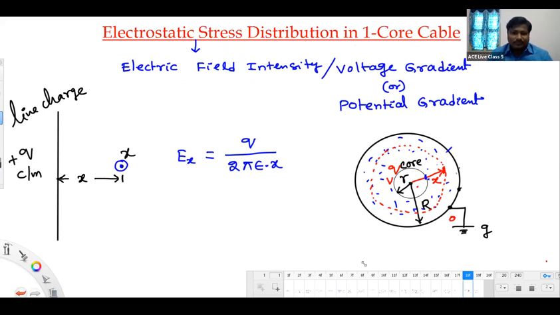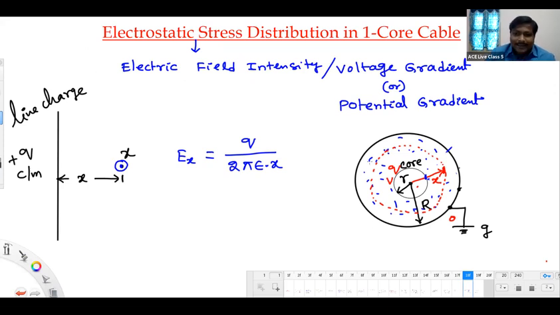What happened? Please respond. The heading is electrostatic stress distribution throughout the cross section of the cable. That is satisfied, right? We got the field intensity at all the places. Electrostatic stress is nothing but electric field intensity.